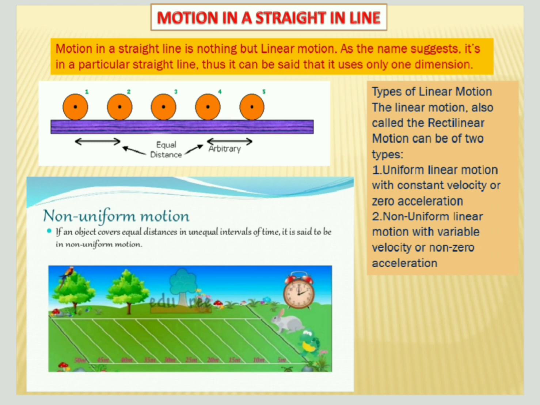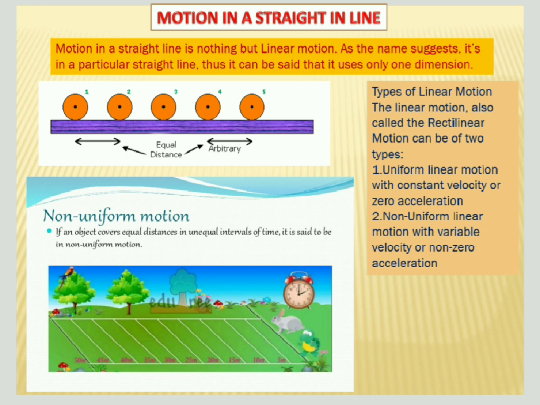In a non-uniform motion, if an object covers equal distance in unequal interval of time, it is said to be non-uniform motion. But uniform motion is what? When an object covers equal distance in equal interval of time.